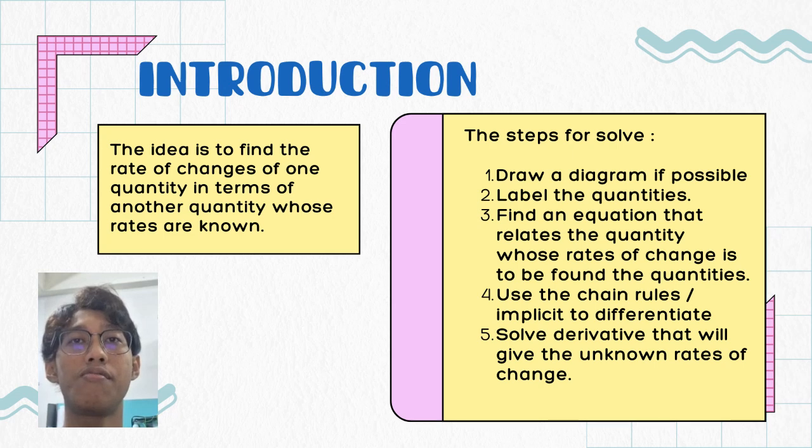Third, find an equation that relates the quantity whose rate of change is to be found to the other quantities. Fourth, use the chain rule to implicitly differentiate. Fifth, solve the derivative, which will give the unknown rate of change.